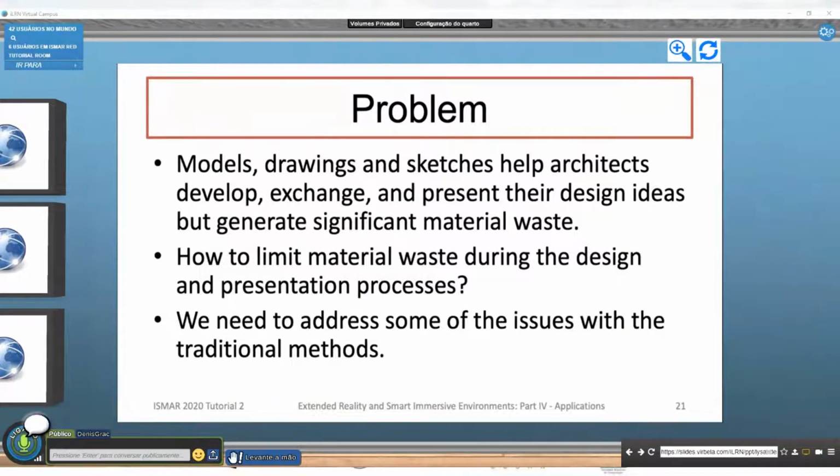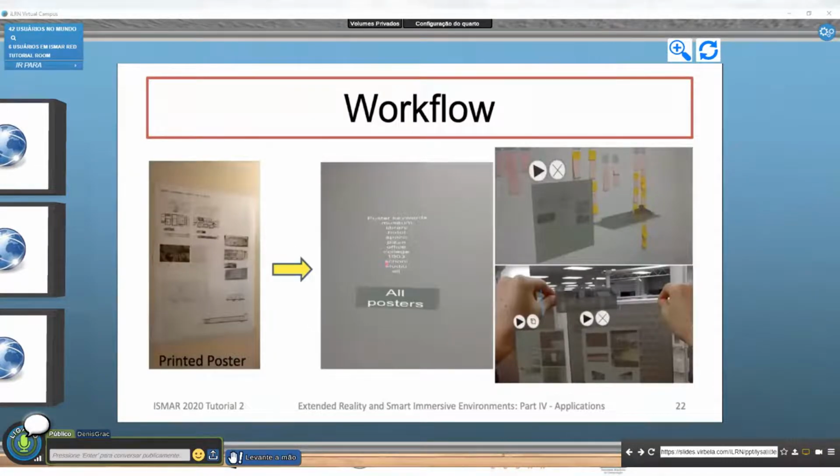So the basic workflow was to look at what is supposed to be a printed poster and create an electronic version of that, which will be not only the actual image of that poster, but also will include a 3D model and also an audio component.